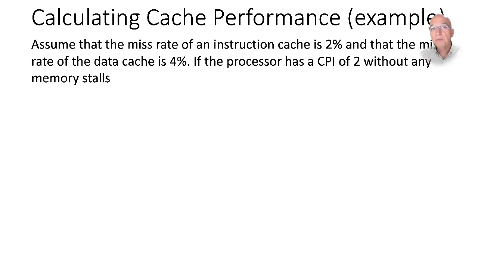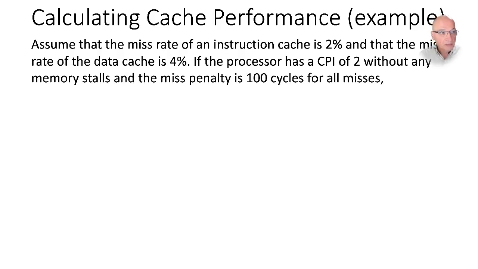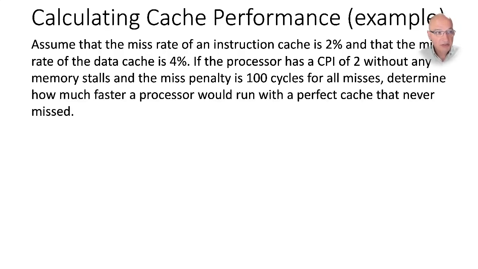So if I had a perfect cache that always hits in all instruction accesses and in all data accesses, the average number of clock cycles per instruction would be 2. And the miss penalty is 100 cycles for all misses. So it doesn't matter whether I miss in the data cache or in the instruction cache, I have to pay a penalty of 100 cycles every time that I miss.